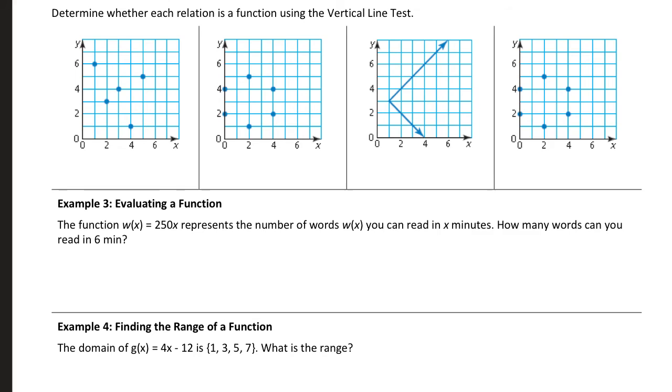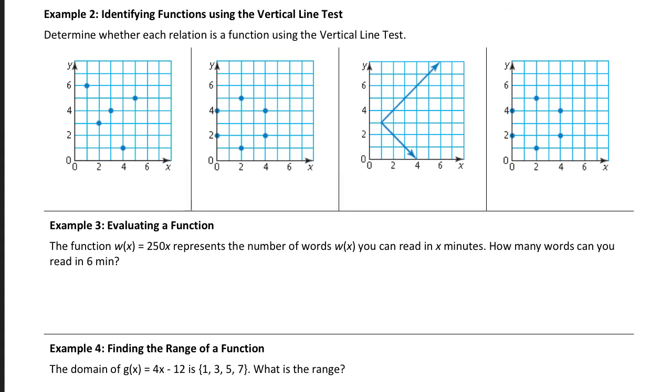So in part 4, we are using the vertical line test to tell whether something's a function or not. In the first one, we look, will a vertical line ever hit 2 points at the same time? I say no, so this is a function. So you're asking yourself, will a vertical line hit 2 of my points at the same time?